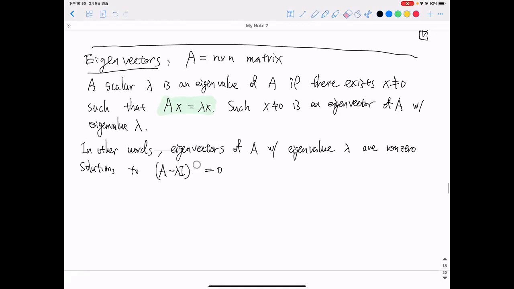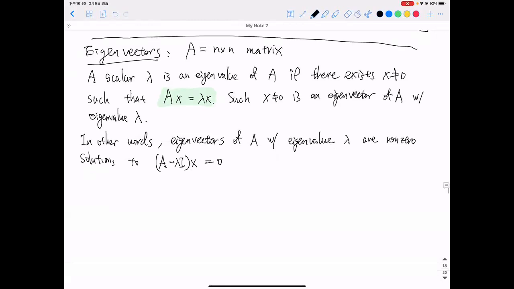And we've given names to these things before. But we know that solutions to A minus lambda I x equals 0 form a subspace, right?